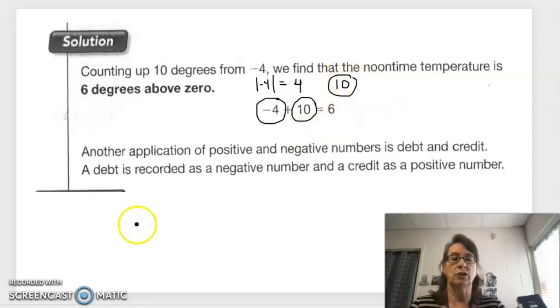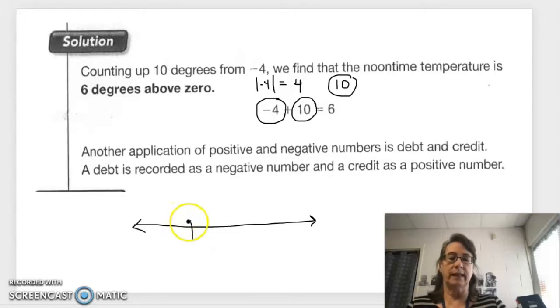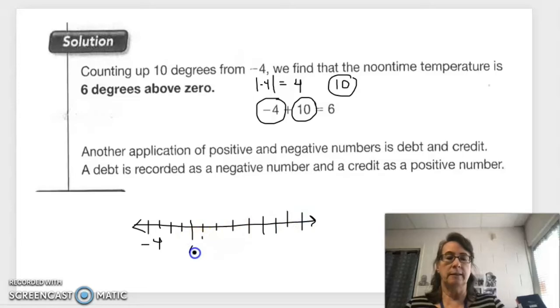Now, let's just do this one like we did on the number line. So that's what we did on the last screen. We started at negative 4. So this is negative 3, negative 2, negative 1, and then 1, 2, 3, 4, 5, 6, 7, and this is 0.